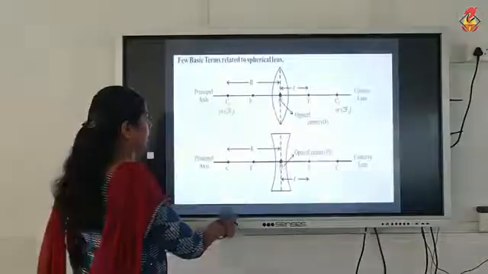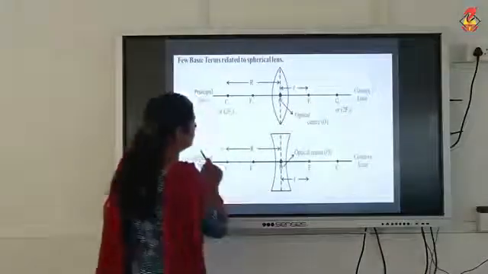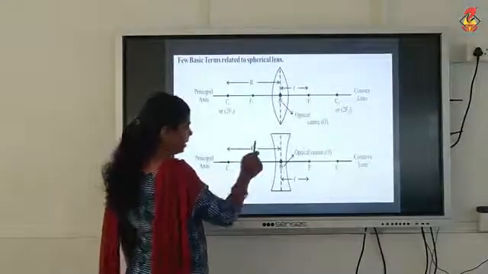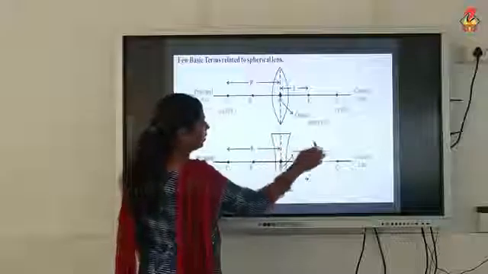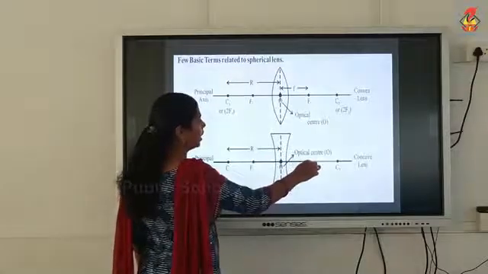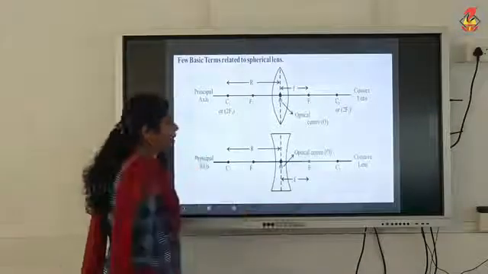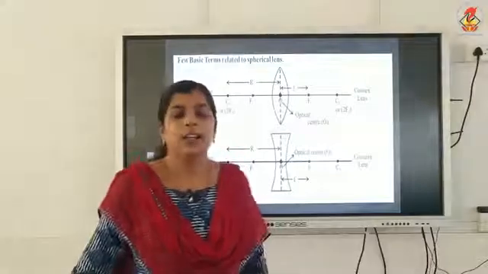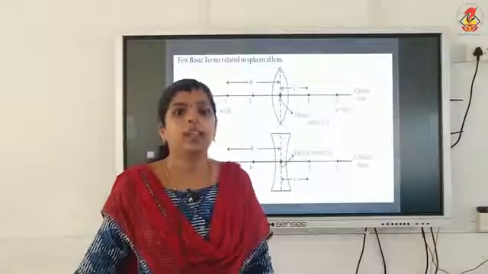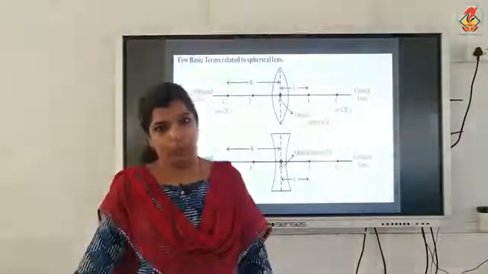In the same way, here also, if light is coming from this side, you will get a principal focus on this side itself. If light is coming from the other side, you will get a principal focus on that side itself. So that is known as two principal foci, represented by the letters F1 and F2.